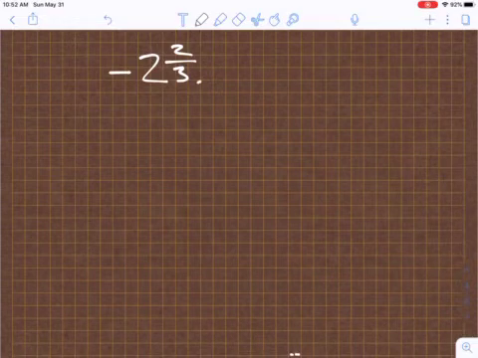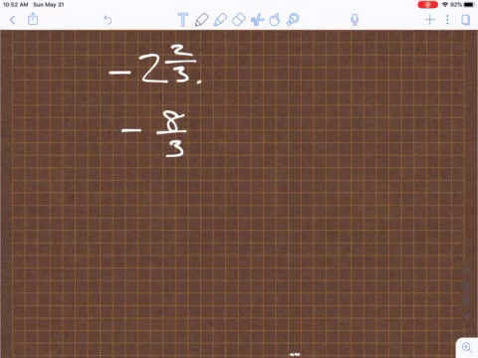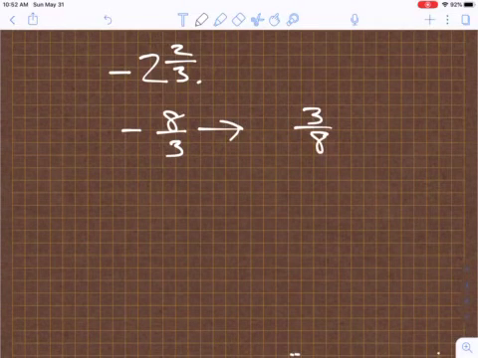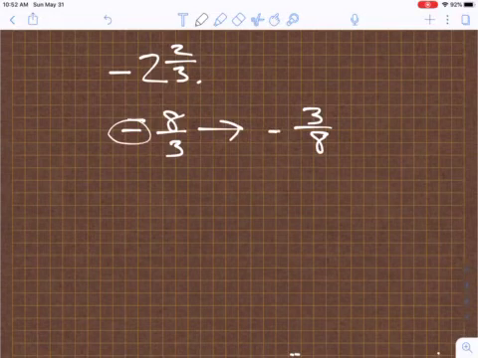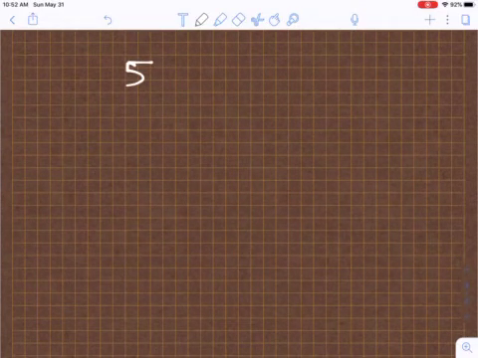So if I already have 2 wholes, that means 2 times 3, so I have 6 parts just in that. And then I add these other 2, so I have 8 parts over 3. So I have -8/3. So my reciprocal, I'm going to flip that, so I get 3/8. And then because I have a negative here, my reciprocal is also going to be negative, and you wind up with -3/8.